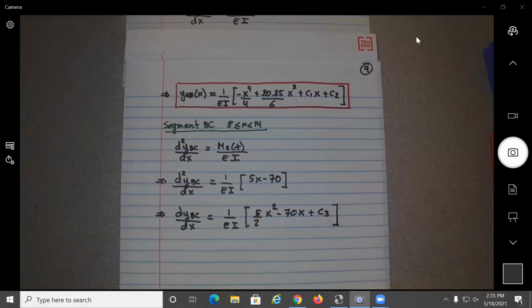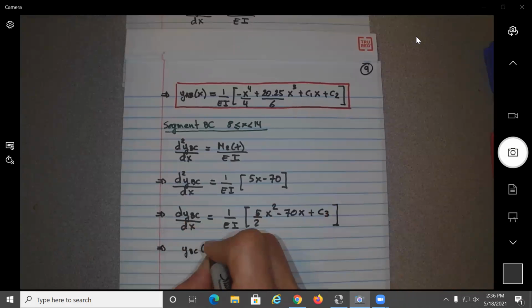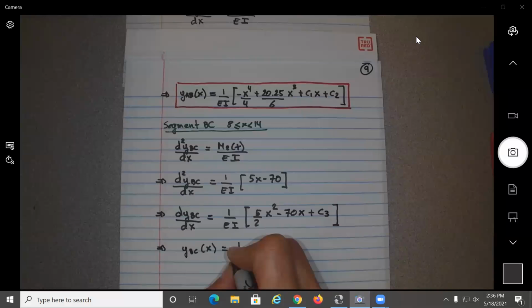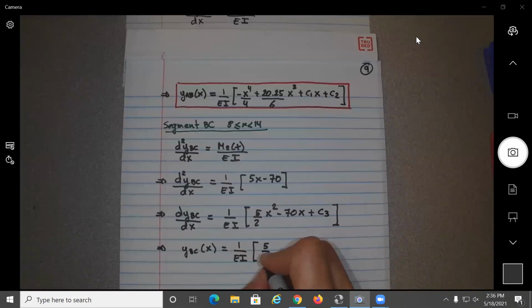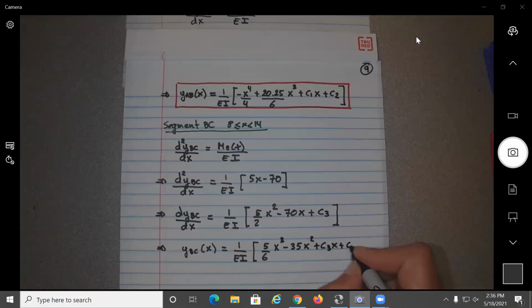Again, this will be the slope for this section, and y_BC of x will give you 1 over EI times 5 over 6 x cubed minus 35 x squared plus C3 x plus C4.